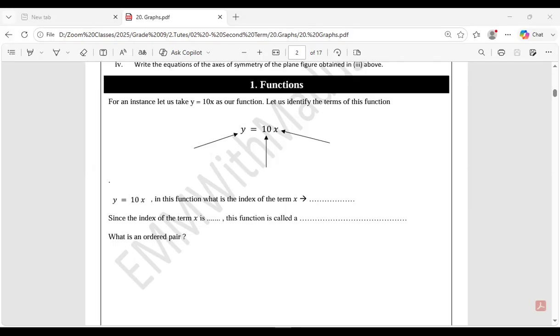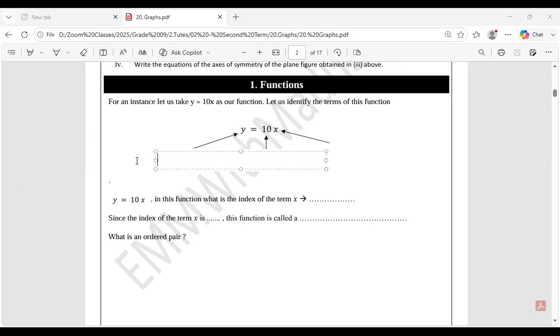Okay, let's do it. In terms of the graph lesson, we say this y is called, right? Y is called the independent variable. Sorry, not independent but dependent.